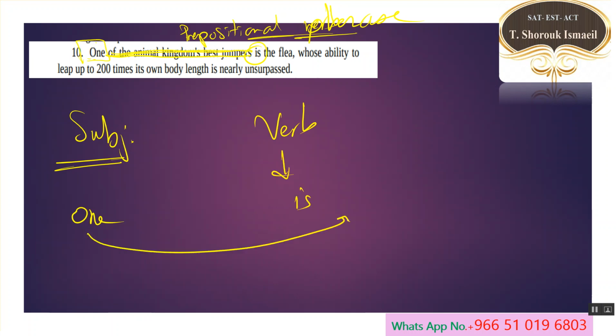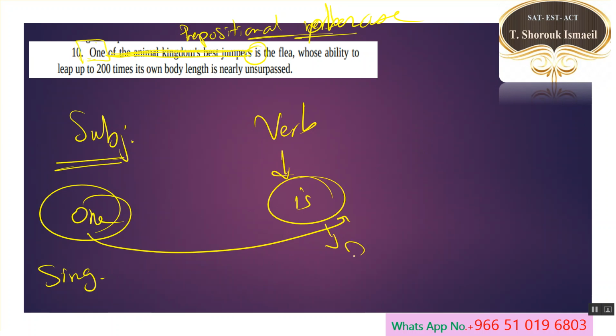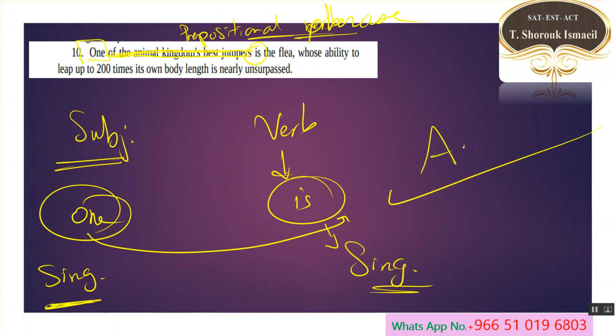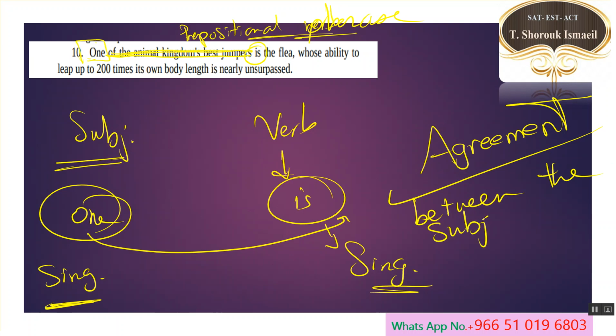Let's think about the agreement here. When I say one is, one is singular and is is singular too. So we do agree together. We can find here an agreement between the subject and its verb. Okay. So the sentence is correct.